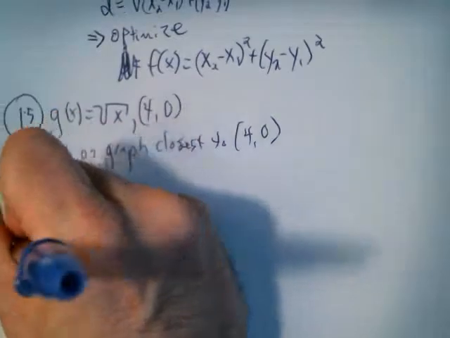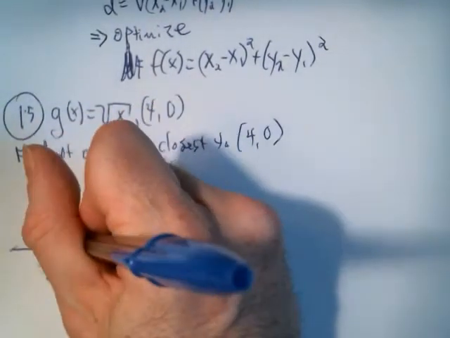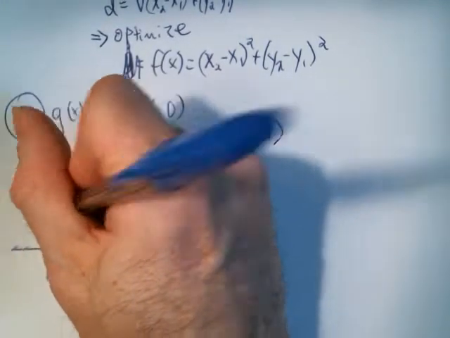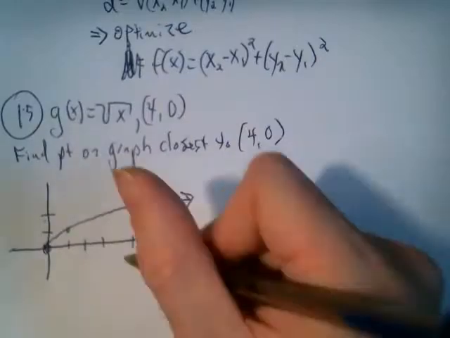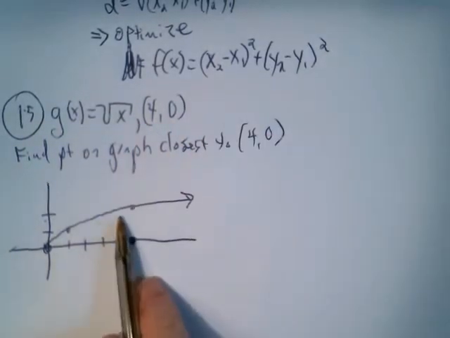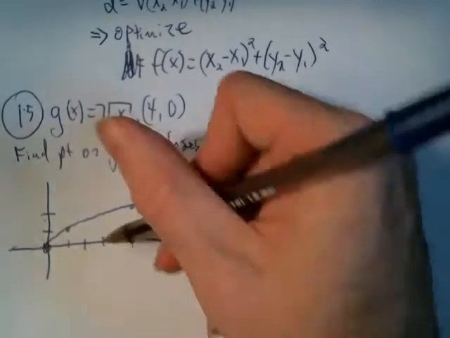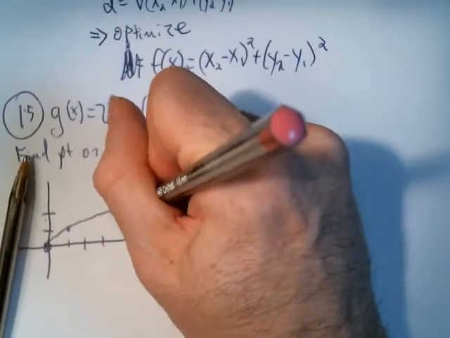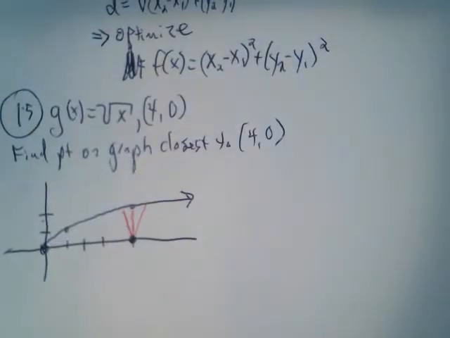Okay, so we can even take a look at the graph. It's square root, so at 1, it's 1, 2, 3, 4. You have 2. And we want the point on this graph that's closest to this point here. It's not immediately obvious, you know, maybe that point is over here as opposed to right here. Maybe this length is shorter than this length, or maybe this length is a little shorter, I don't know.